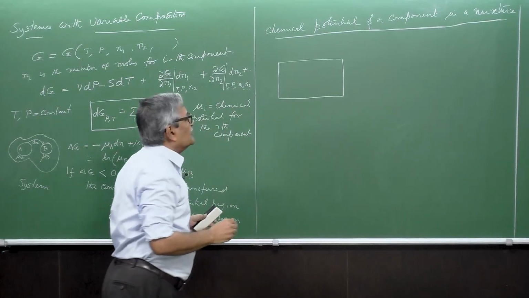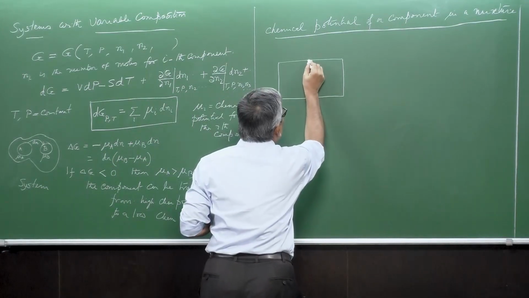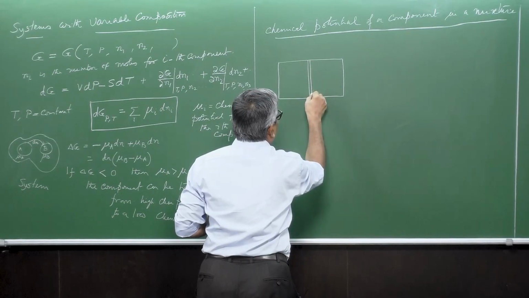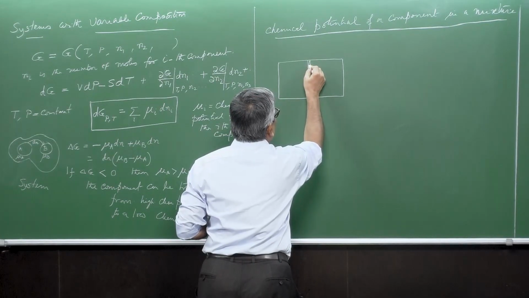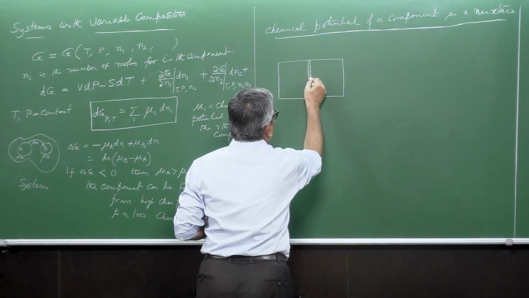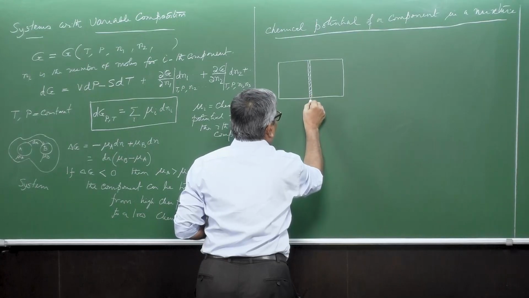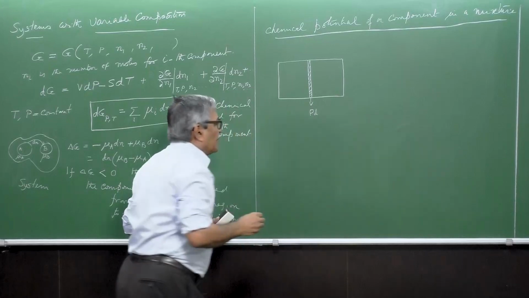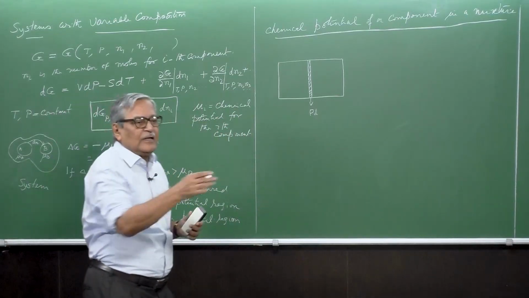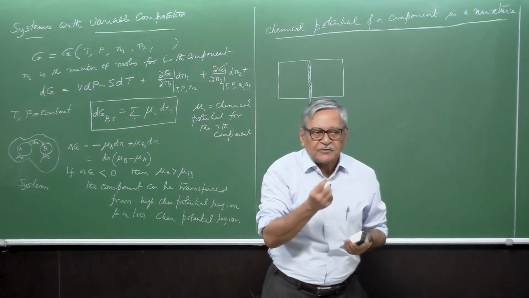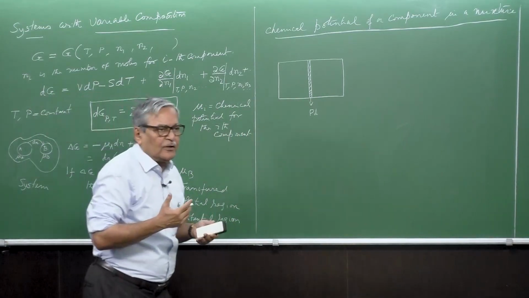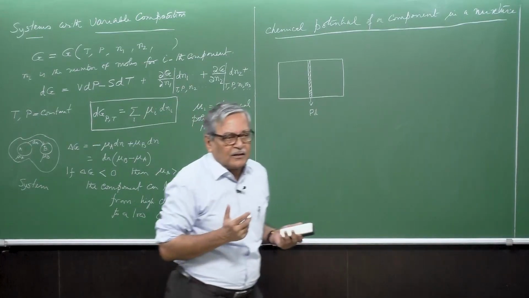It has two compartments, separated by a barrier which is made of palladium. Palladium is a substance which allows only hydrogen gas to pass through. It is a very small thing that can pass through, and not the nitrogen or oxygen or the other species.